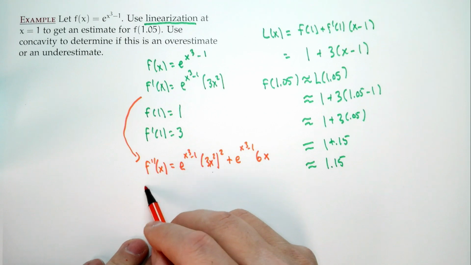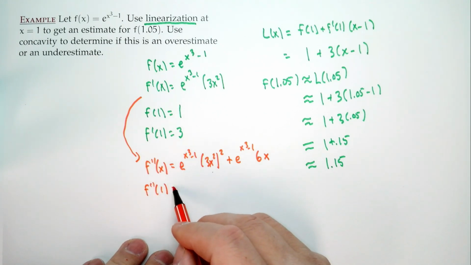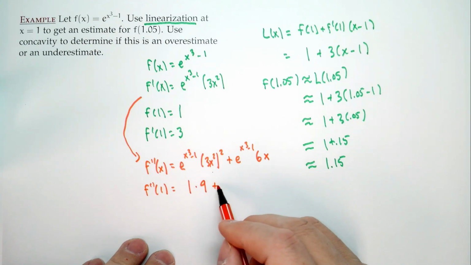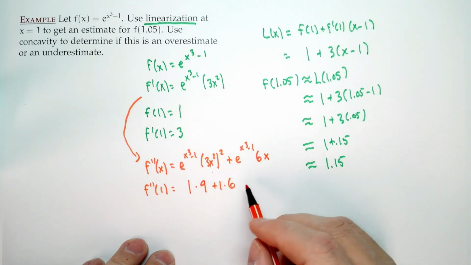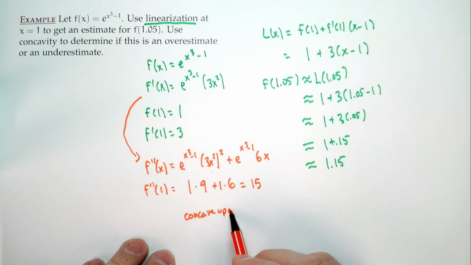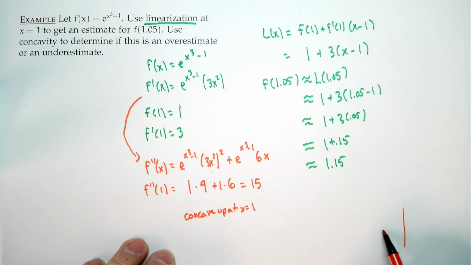So we plug in 1. What do we get? Well, we're going to get 1 times 9 plus 1 times 6, which is 15, which means that we are concave up at x equals 1. So our tangent line, we actually can figure that out.